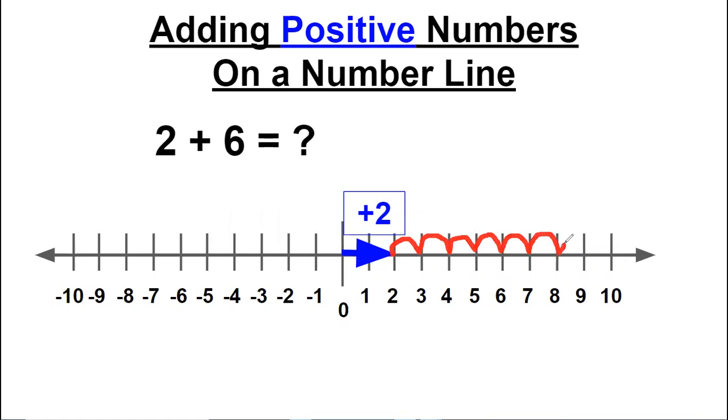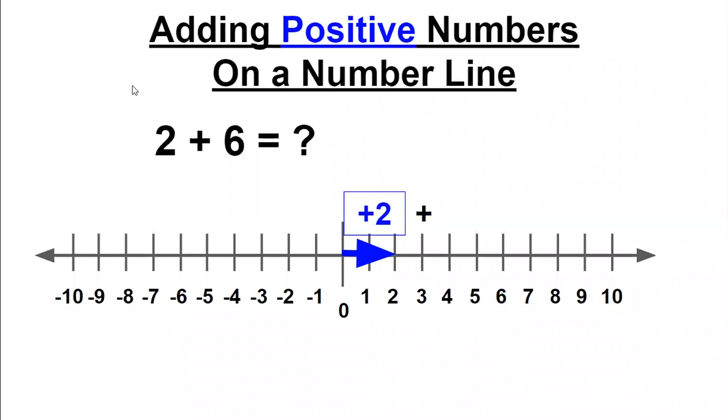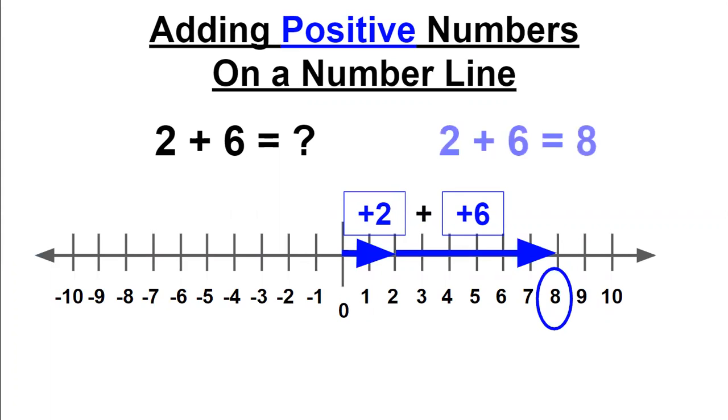And where we land is going to be our answer, correct? That's why we're going to land on 8. So 2 plus 6 equals 8. So that's how we show adding positive numbers on the number line.